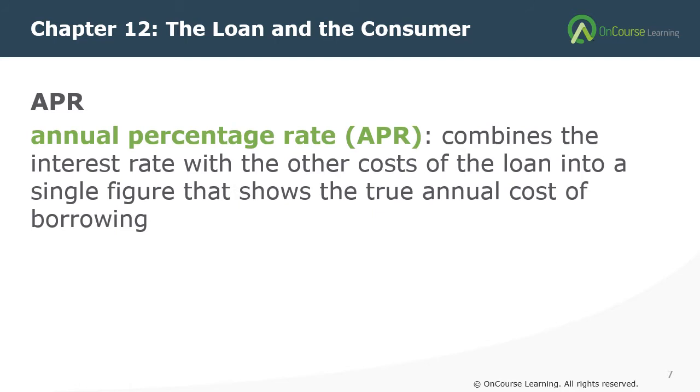Therefore, the annual percentage rate must also be quoted to the borrower. The APR is higher than the stated or nominal rate because of that monthly compounding.